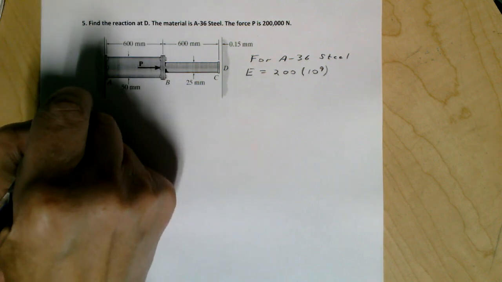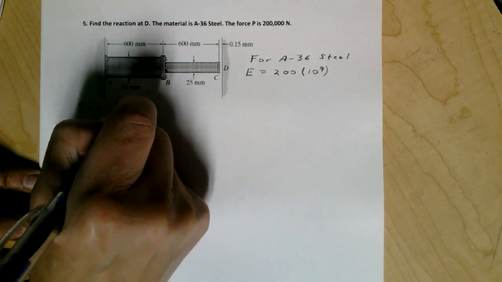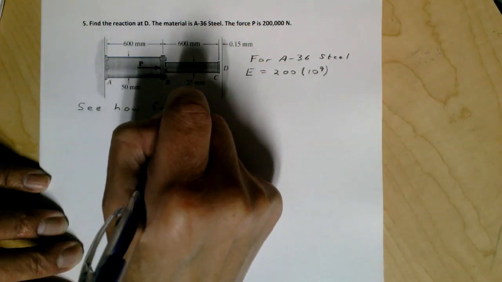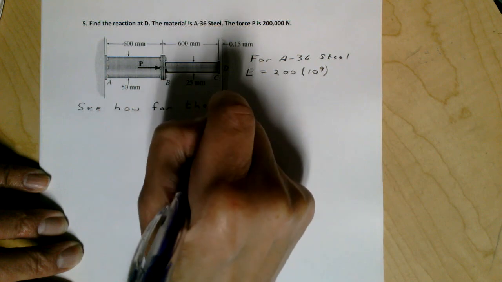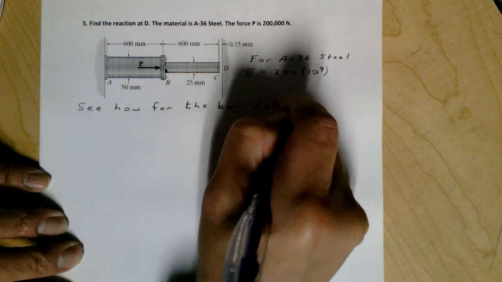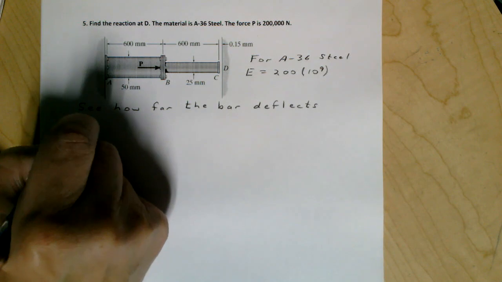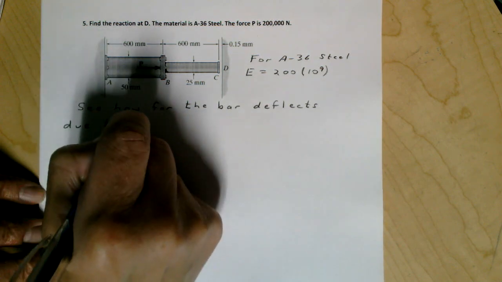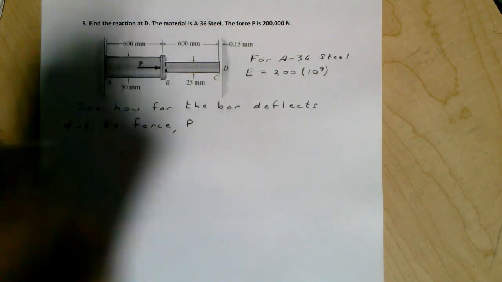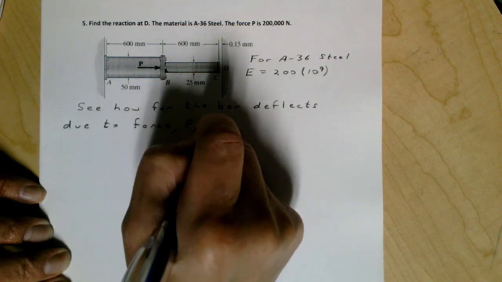So first, see how far the bar deflects due to force P if there was no wall.